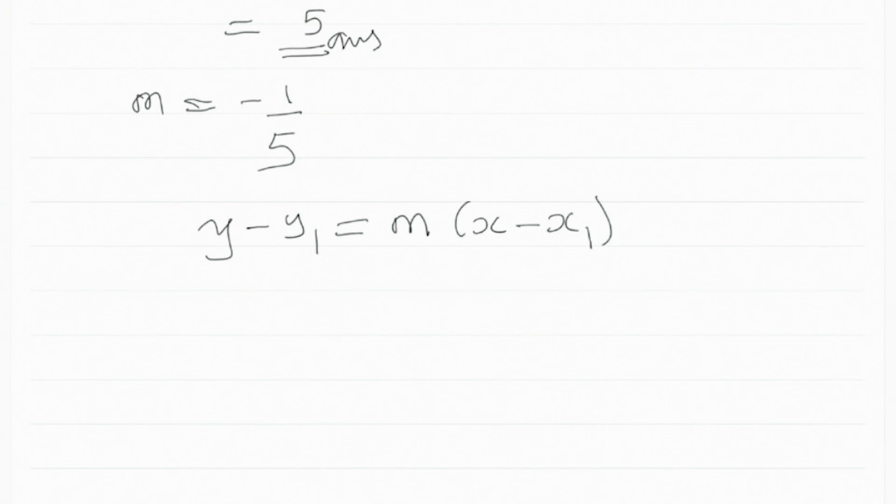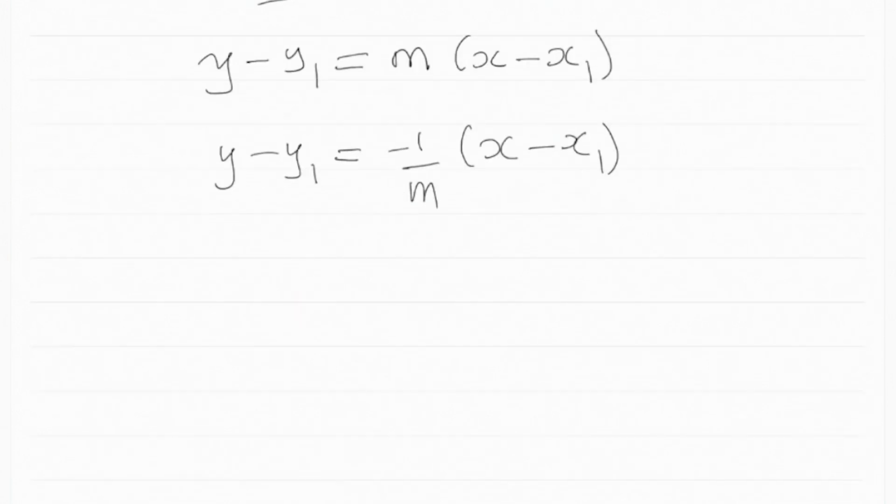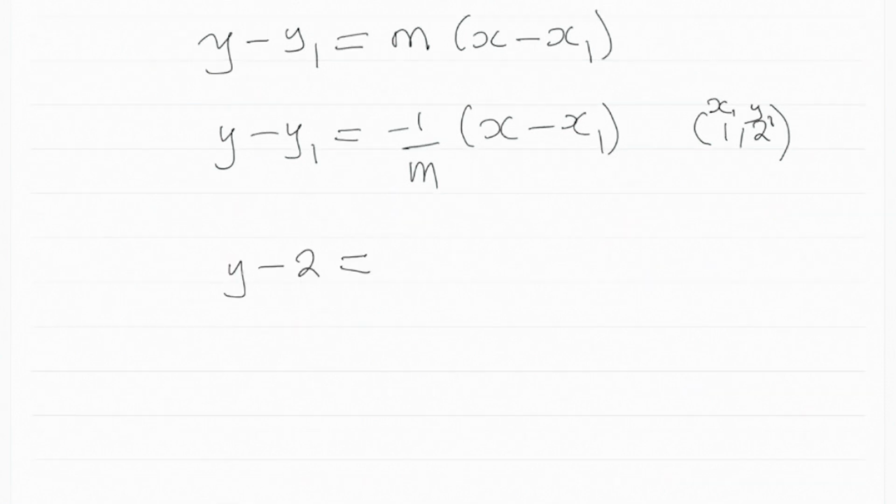So we are going to say y minus y1 equals the negative reciprocal of the gradient, then x minus x1. I hope that makes you happy. And when you look at that, what is our negative reciprocal? First of all, we have the point 1 and 2. So I have my y is this, and this is my x. Get it? Good.